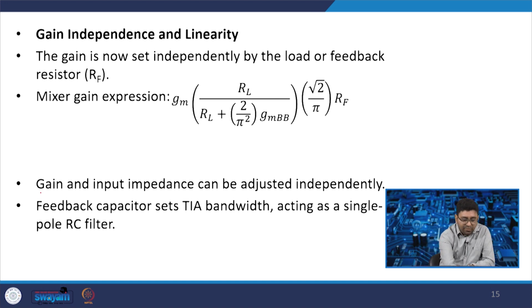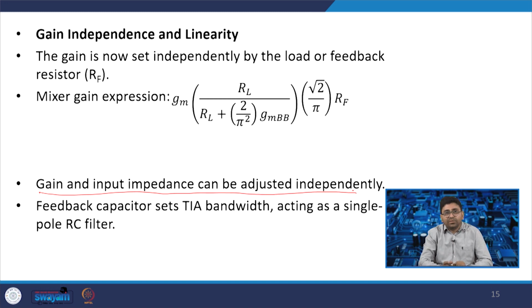This is what is important, because the input impedance of the TIA will affect the RF input side before the switch. We have already seen how the passive mixer up converts the baseband impedance to the RF frequency, and it also affects the gain.